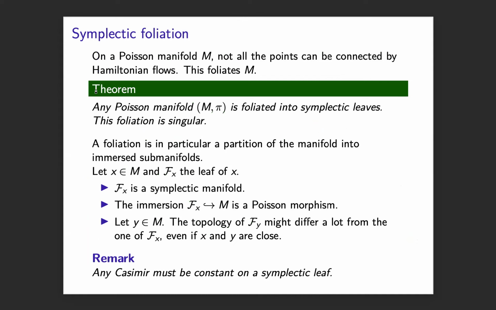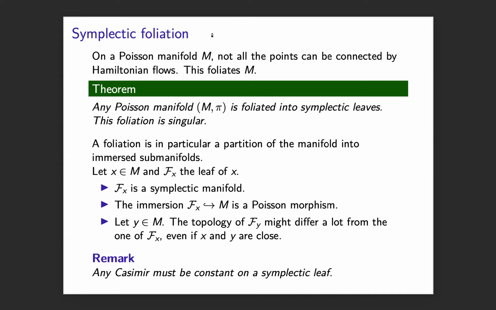Right, so let us see now maybe the most important invariant of a Poisson manifold. It's called the symplectic foliation. So on a Poisson manifold M, not all the points can be connected by Hamiltonian flows, and this foliates M. What does it mean?